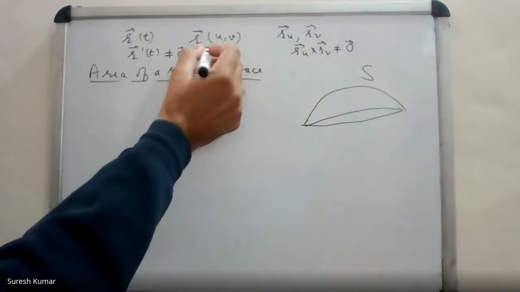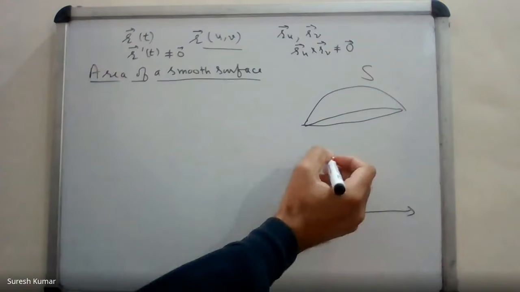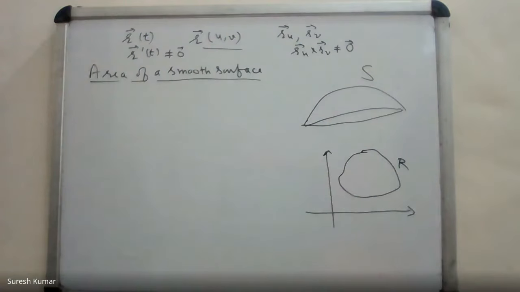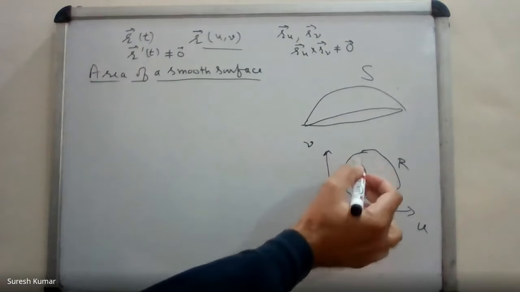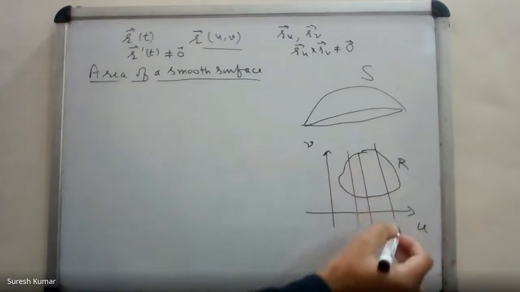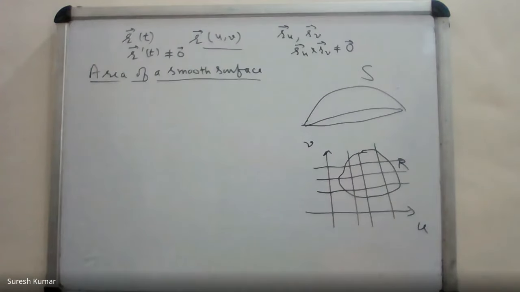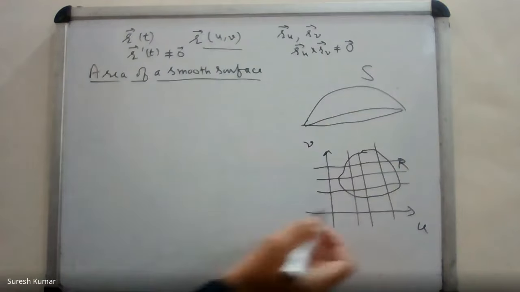Suppose this surface is parameterized by R(u,v), and the corresponding region for the u,v parameters in the uv plane is R. Or we can say the domain of the parameters u,v corresponding to the surface is this region R. If we divide this region R into rectangles by choosing lines parallel to the u axis and v axis, then this surface is divided into patches corresponding to these rectangles.